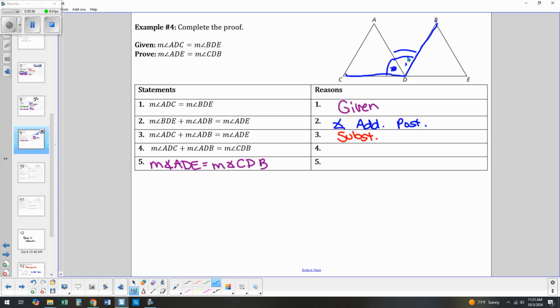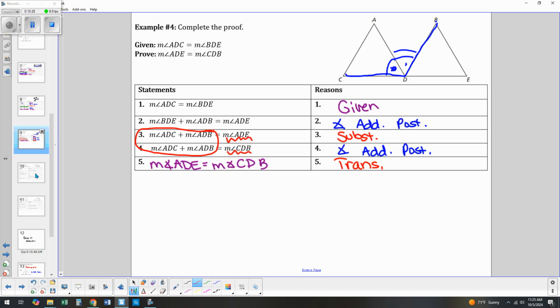So again, we're saying these 2 small pieces of angle add up to the whole bigger thing. That is another angle addition postulate. And for my last step, I have ADE equals CDB. So ADE was last here, and CDB was last here, and both of those lines were equal to the exact same thing. So we can link them together using the transitive property.